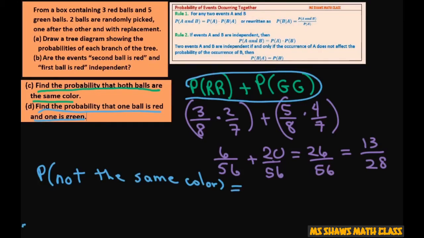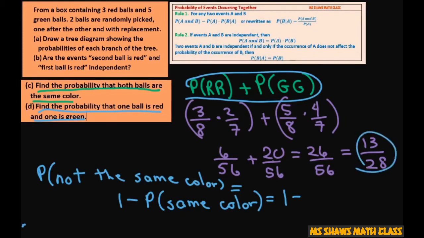So we're going to use our complement theorem and say 1 minus the probability of the same color. That's going to equal 1 minus 13 divided by 28, which equals 15 divided by 28.